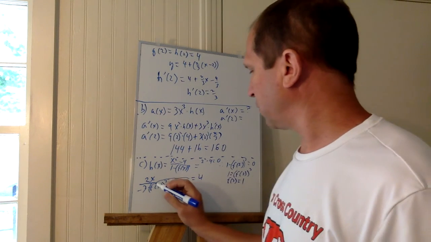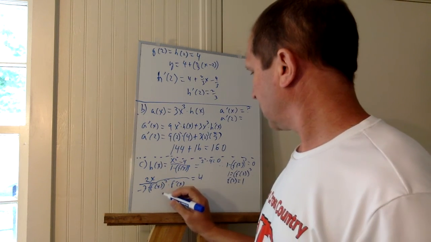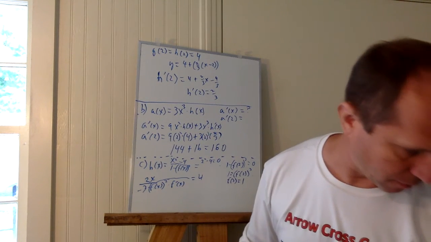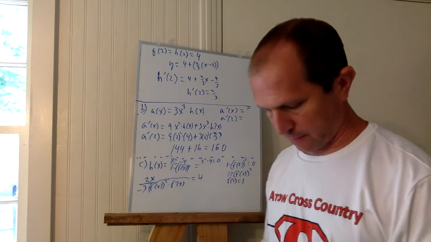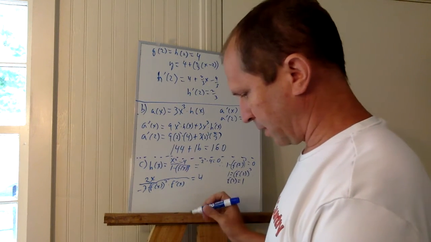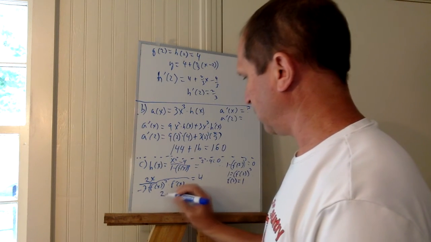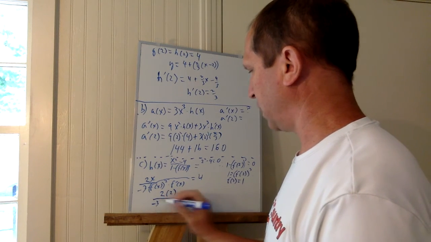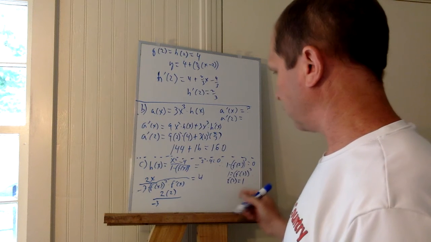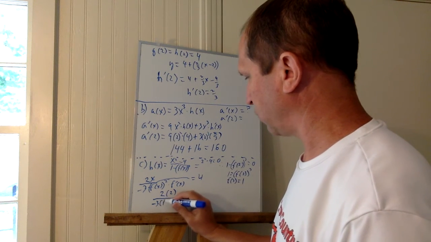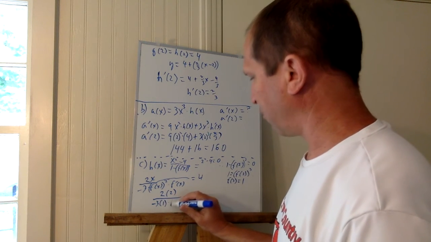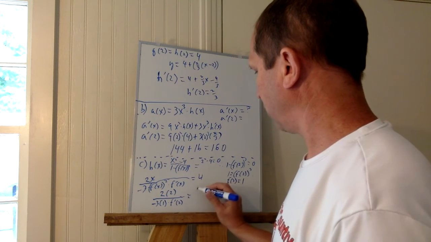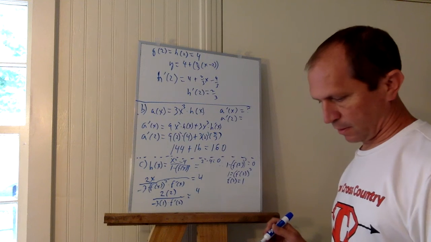From this, we're interested in 2. I don't want to write anything down incorrectly. So 2 times 2 over negative 3 times, f of 2 is 1. So this is times 1 times f prime of 2 is going to equal 4.